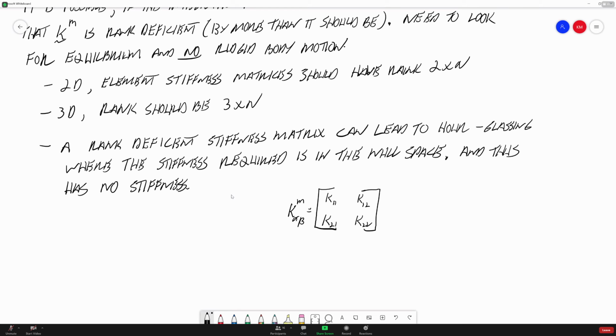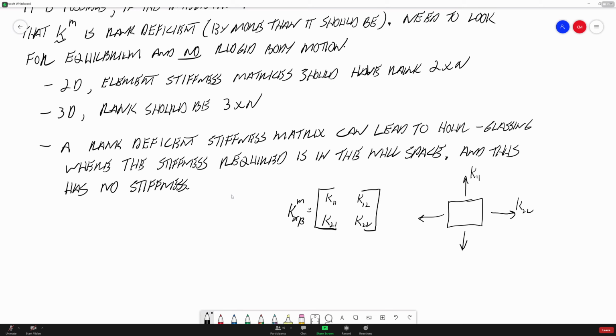What would happen? So what is 1, 1? What is this referring to? So we're talking that we have a two-dimensional space. 1, 1 is tension in the one direction, right? 2, 2 is pure tension in the two directions. So we have a two-dimensional element. K1, 1 is this way, and K2, 2 is this way.